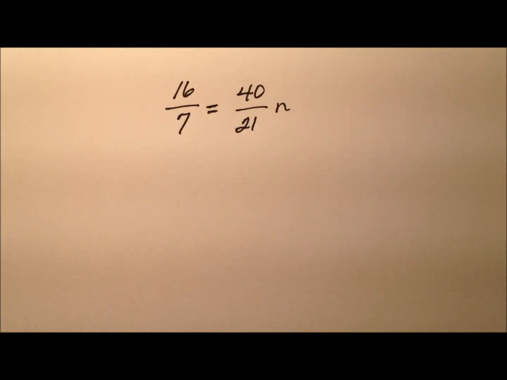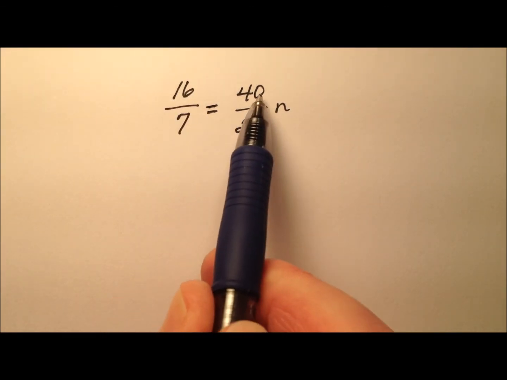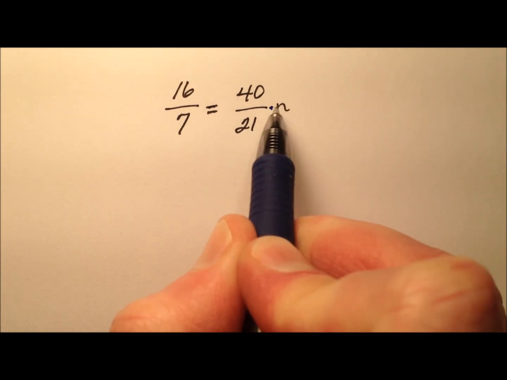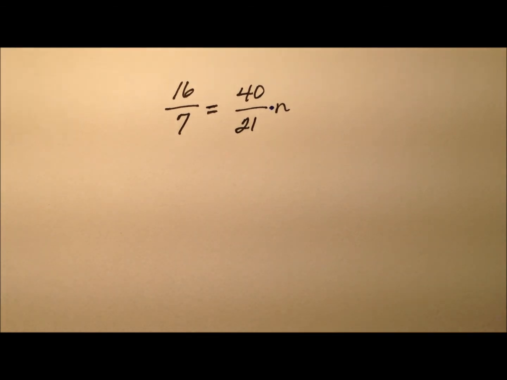In this third example, we're going to look at an equation with fractions, and we're going to address a very important property here. Okay, so we have 16/7 equals 40/21 times n. So remember, when you have this coefficient and the variable right next to it, it means multiplication.